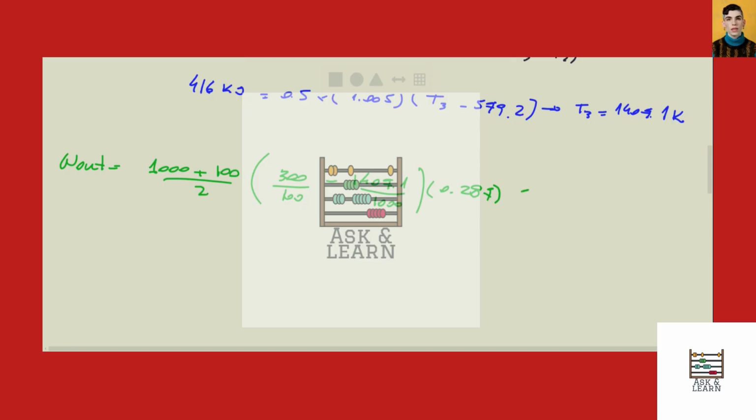And this is precisely, let me see, 251.4 kilojoules per kilogram.